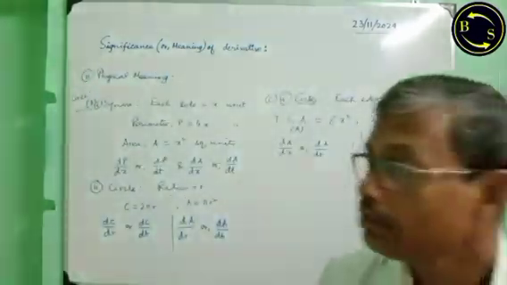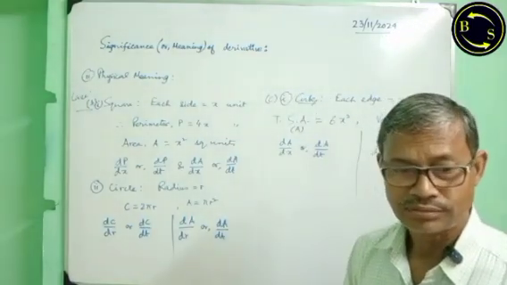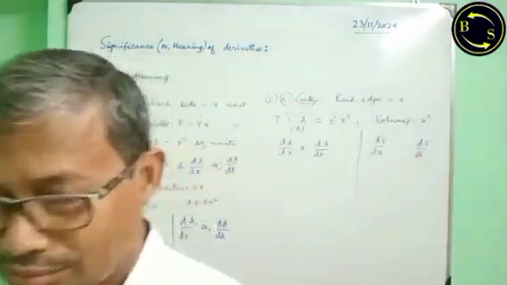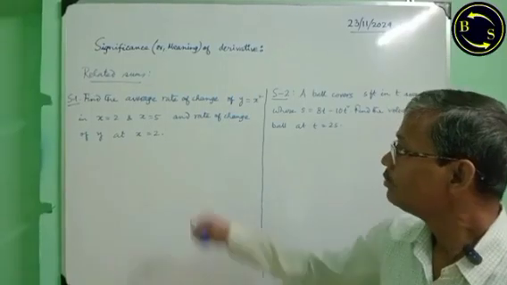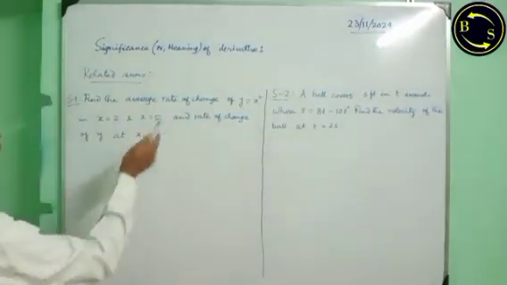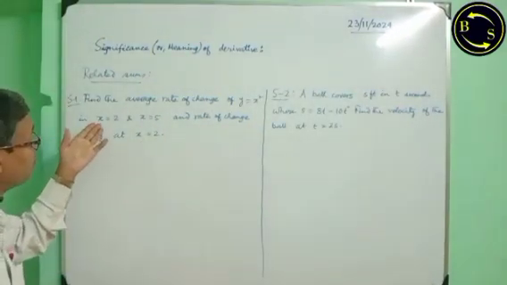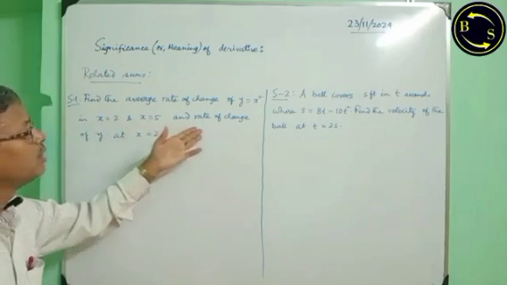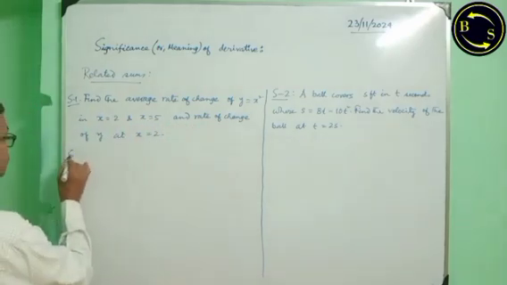Now this will be very much clear if we consider a few examples. Consider this sum first. We have to find the average rate of change of y equal to x square between x equal to 2 and x equal to 5, and the rate of change of y at x equal to 2.